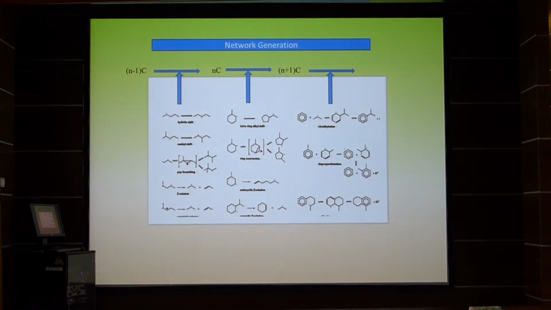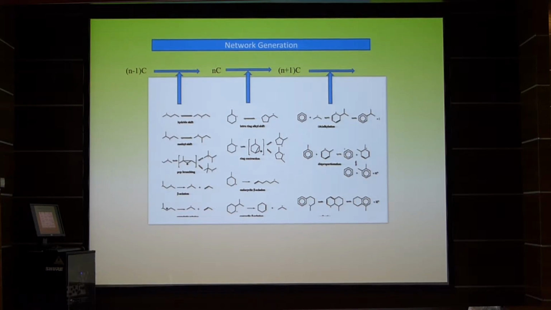Now, if you analyze the feed and the product in terms of elementary steps, you have to go into the details of these elementary steps, which are shown here, something like 13 or 14. You have to account for all those possible steps at each level of carbon that you are dealing with.